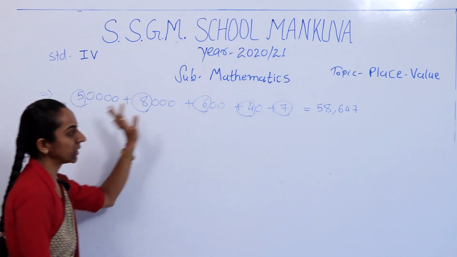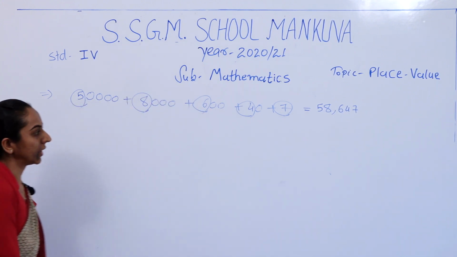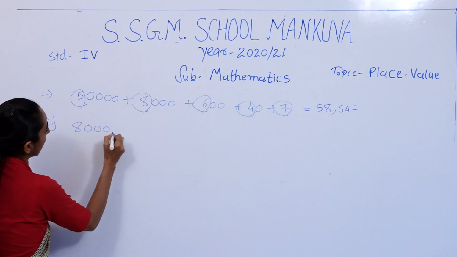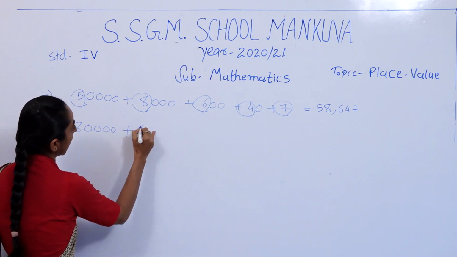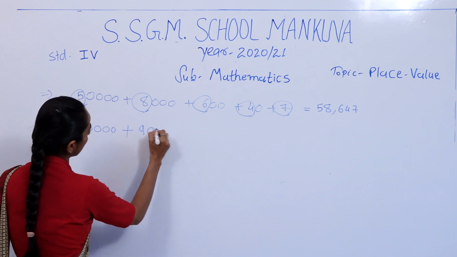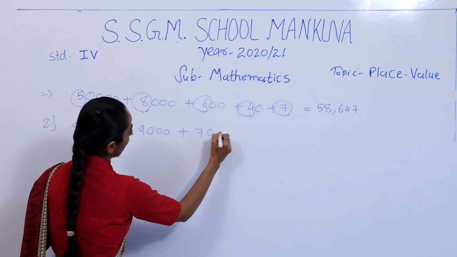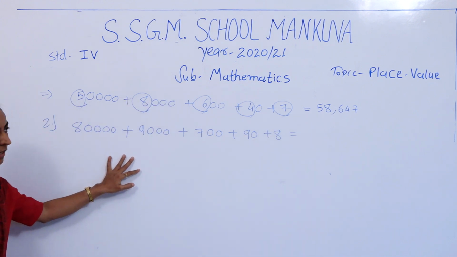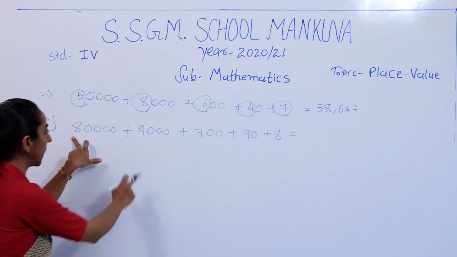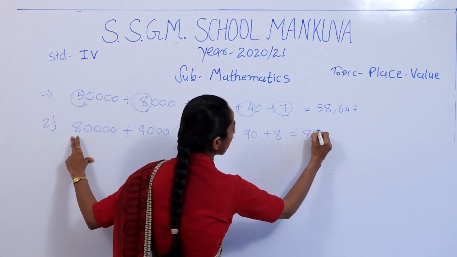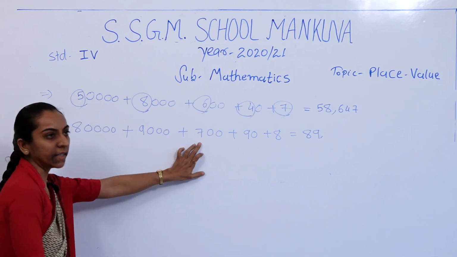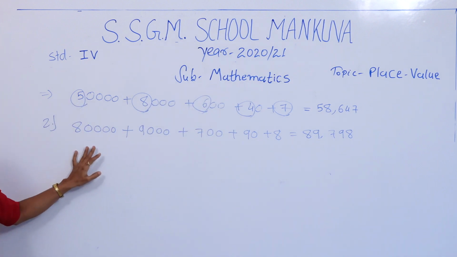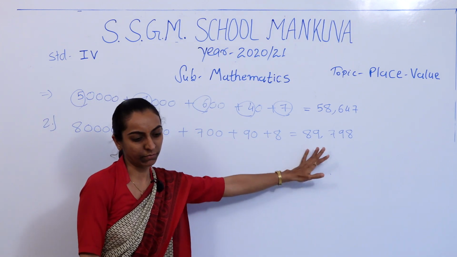Okay. That means this is the answer, 58,647. Now second example, 80,000 plus 9,798. This is the expanded form, and write the standard form: 89,798. This is the standard form.